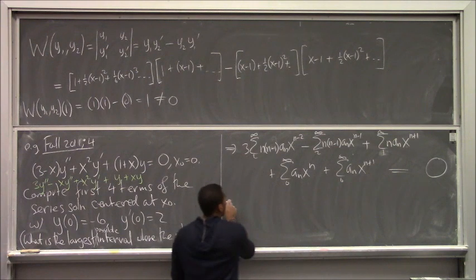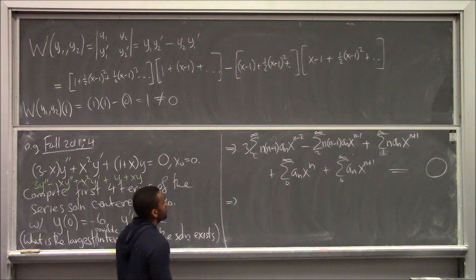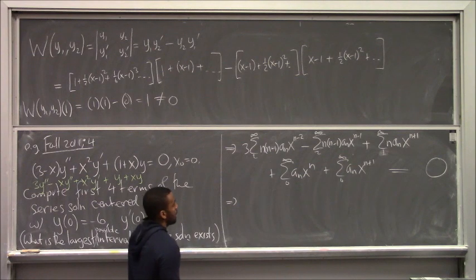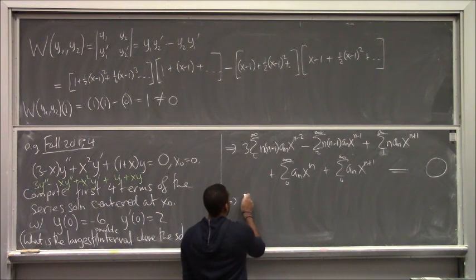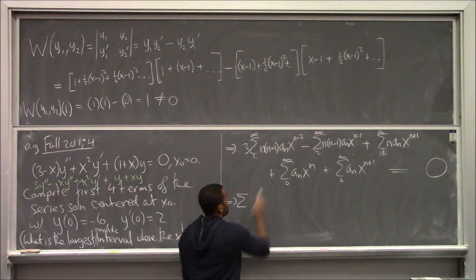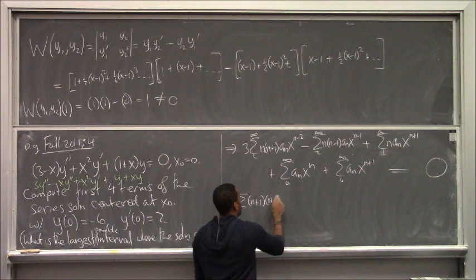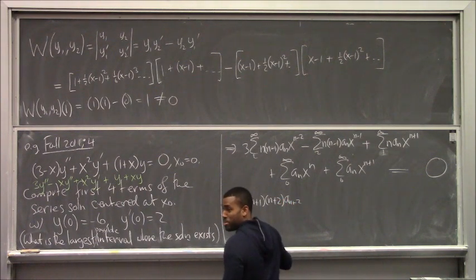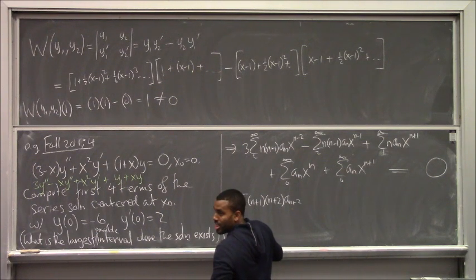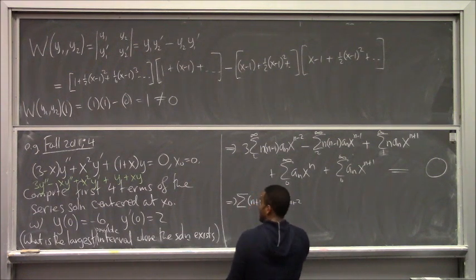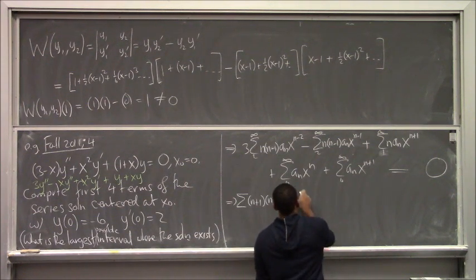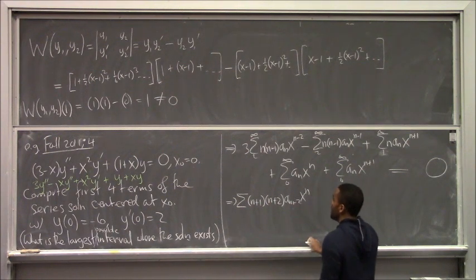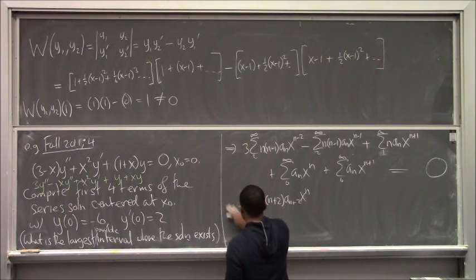Okay, so now, get all the powers the same. We want to always make the powers x to the n. So I shift all n's to n plus 2s. I can move the 3 in here.